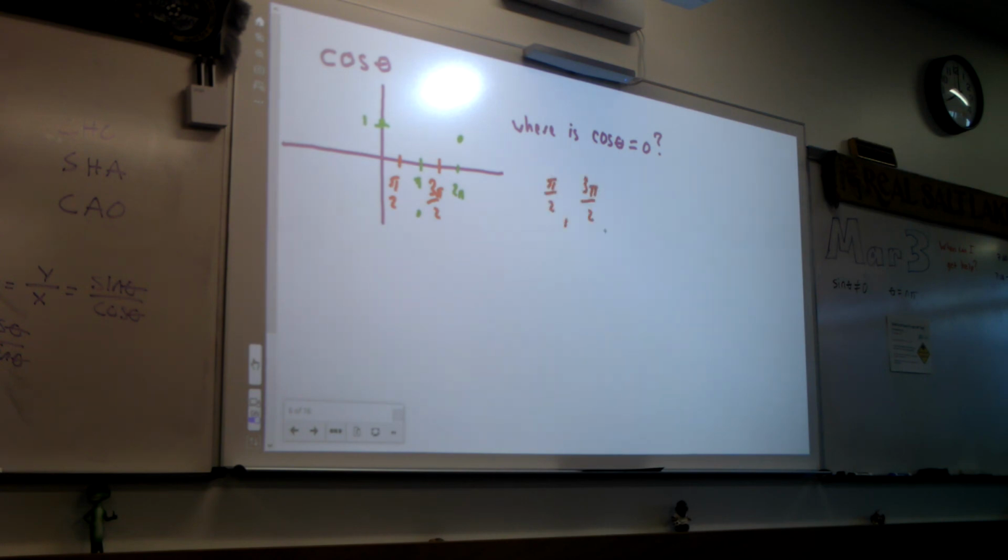If I kept going, where would I see the next one? 5 pi halves, 7 pi halves. If we kept going, do you see a pattern here? What's the next one going to be? 9 pi halves, 11 pi halves. Okay, hopefully we're seeing the idea, and then we're going to see plus or minus of these, right? We're going to see those in the negatives and in the positives.